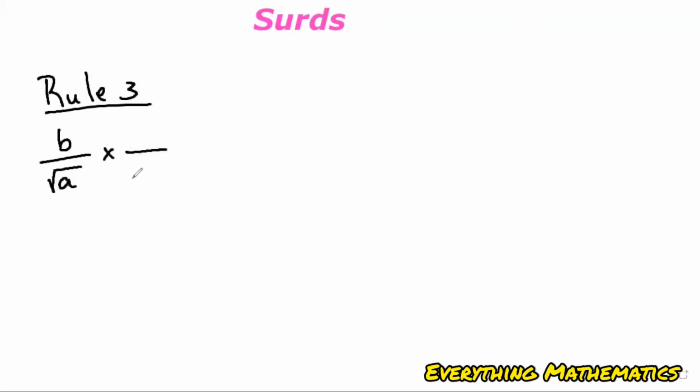So in this case we'll be multiplying by root a, and you simplify from there. At the top, you end up with b root a, and at the bottom, you would end up with just a. The square root disappears.